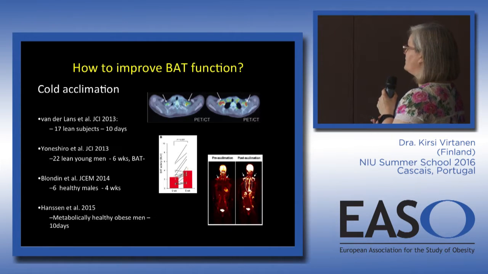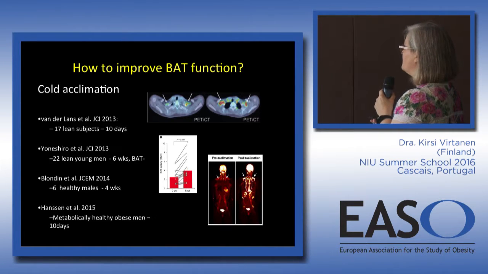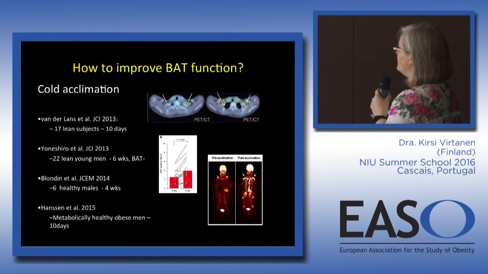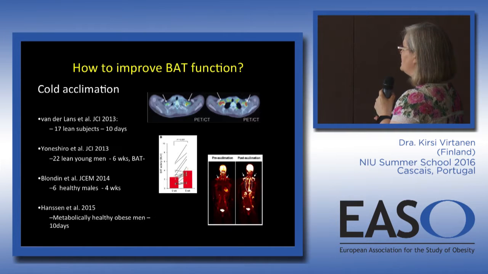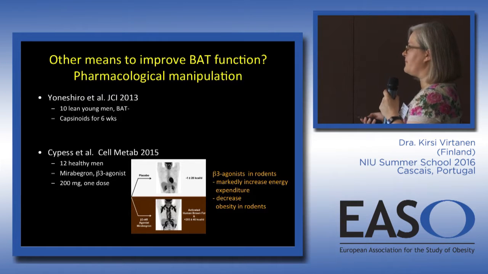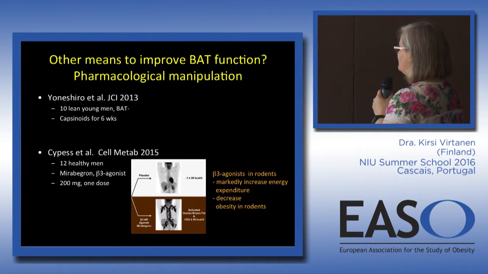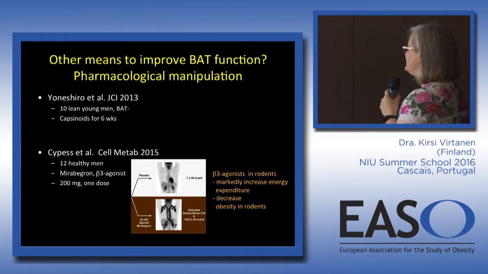These might include, for example, capsinoids. These are just examples of what kind of data is available. Again, cold-induced thermogenesis increased with capsinoids after 6 weeks of treatment. And of course, the very promising drug, which is expected to have an exceptional effect on brown fat, as we know that in rodents it markedly increases energy expenditure and decreases obesity.